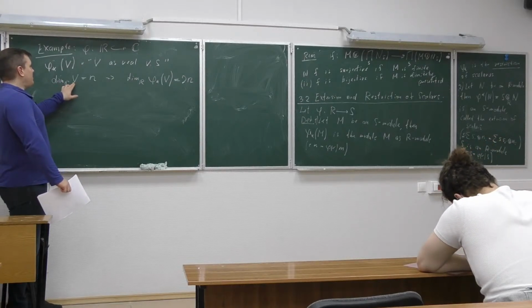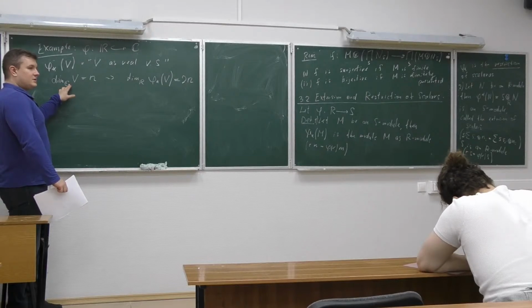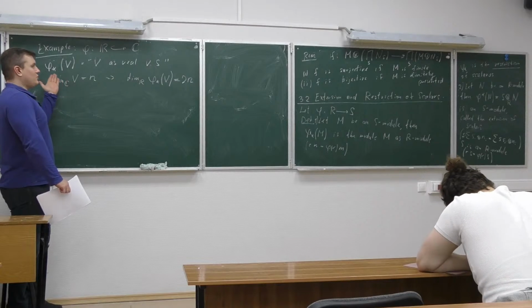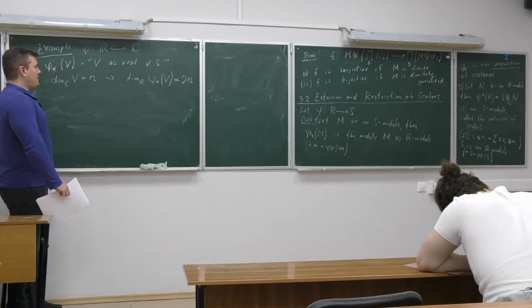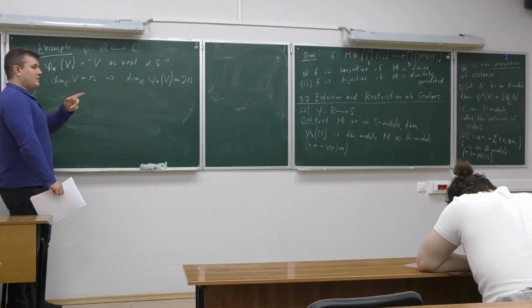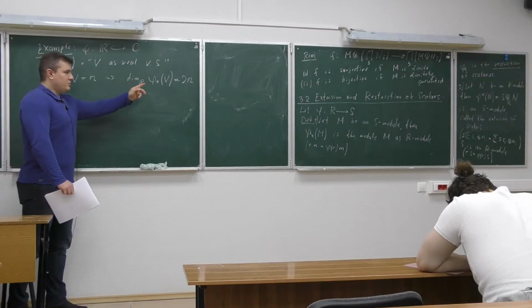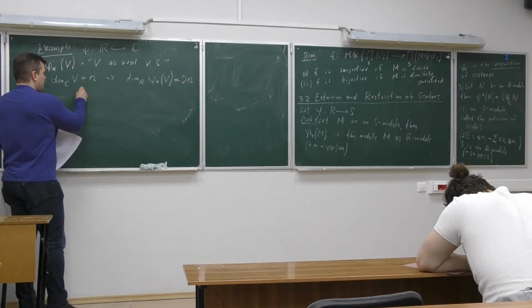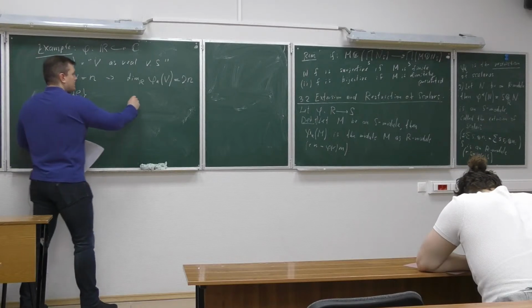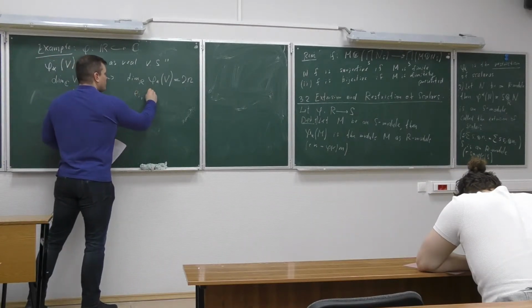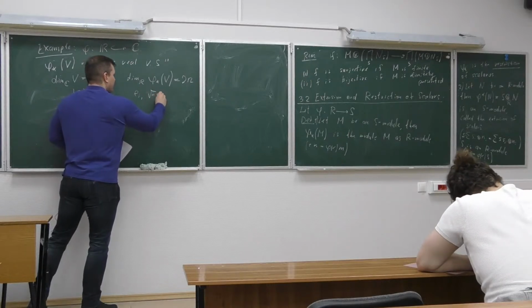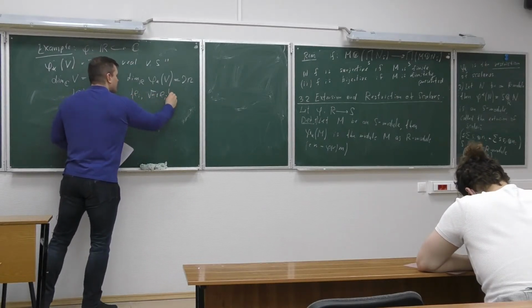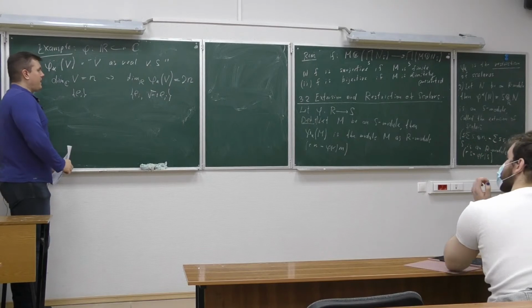What if V is just a copy of C? If you consider C as a real vector space, this is a two-dimensional thing. And if you have finitely many copies, you just apply this to each copy. Or in other words, if you have a basis in V, say e_1 up to e_n, then the basis here will be e_i, and also i times e_i. So this will be the basis.